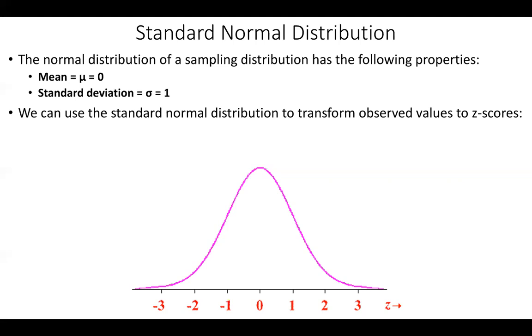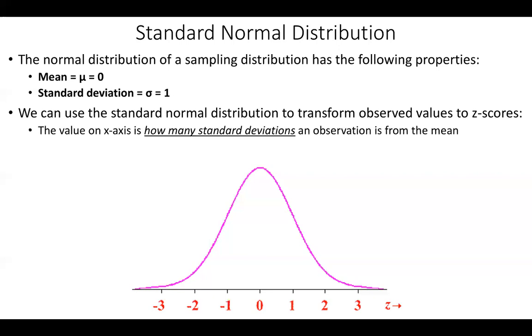Knowing these properties, we can use the standard normal distribution to transform observed values in a data set, such as the number of days a week that a student reports reading political news, into z-scores.